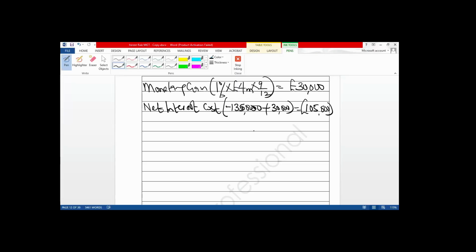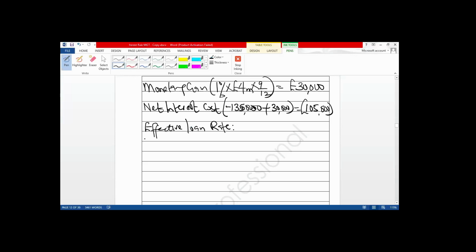If you want to calculate the effective loan rate percentage, this interest cost is in absolute amount, pounds. If I want to get this amount in percentage form, as an instance, what is the effective loan rate? Look at the formula.